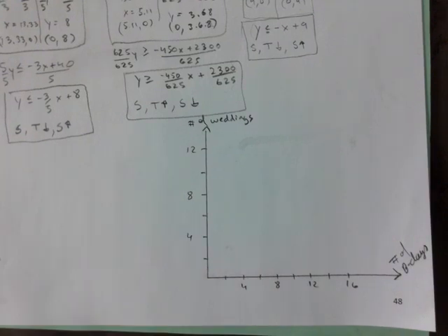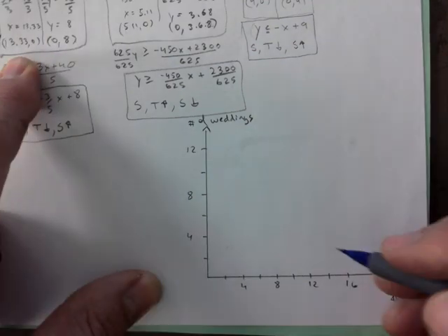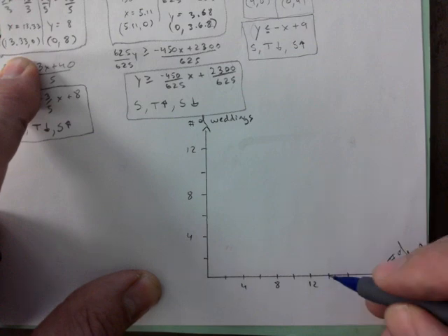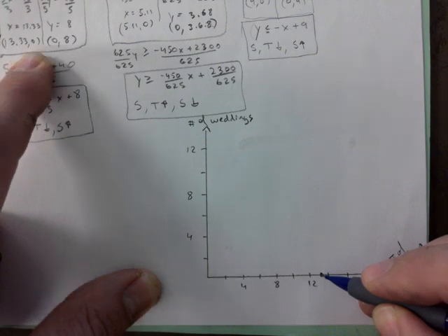X can have its own scale, Y can have its own scale. You can go up by 10 here, by 5 there if you'd like, as long as you're consistent. And then plot it. I'm going to start from the left here. So 13, this would be 14 right here, so 13.3 is right about there. 0.8 is right there. Connect them.